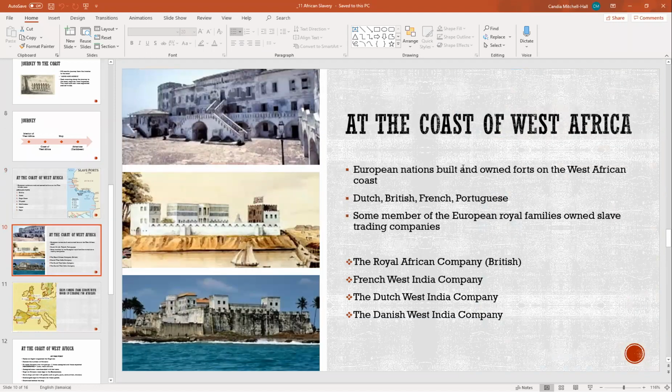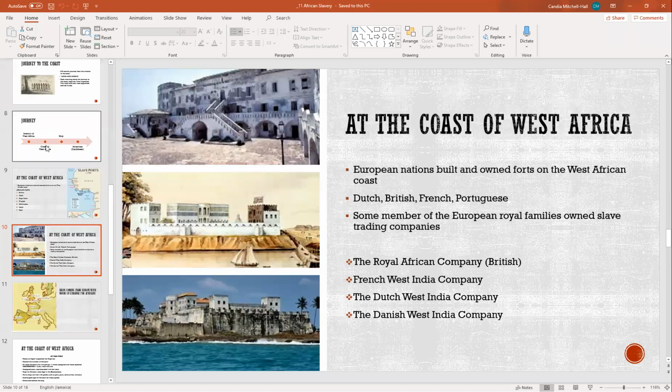Now, we know for sure that European nations built and owned the forts on the West African coast. And some of the members who owned these forts were members of the royal family. So Queen Elizabeth today, her family members would have owned forts, and they also own shipping companies.